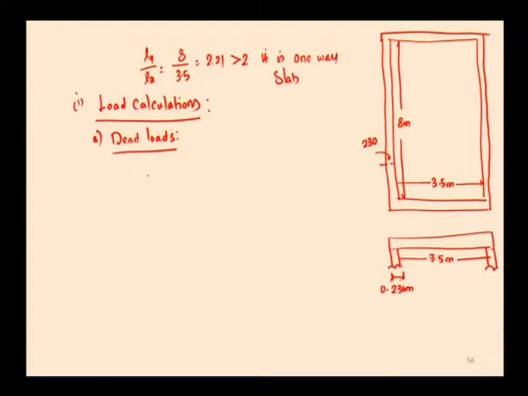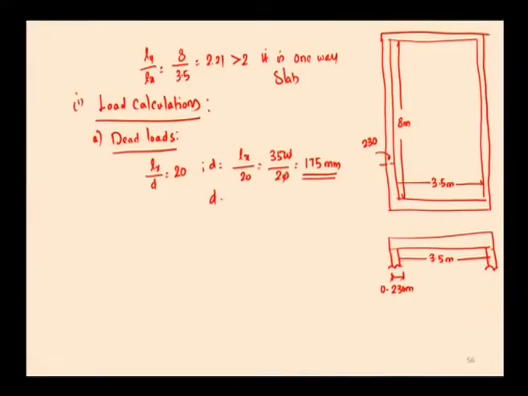The thickness of the slab can be assumed from the deflection limits, that is the L by d ratio. Here, since the slab is supported along the shorter direction, the depth can be calculated from the L by d ratio. Here L can be used as 3.5 meter, that is Lx by d is equal to 20. 20 is for a simply supported slab, that is d is equal to Lx by 20, which is equal to 3500 divided by 20, that is equal to 175 millimeter.